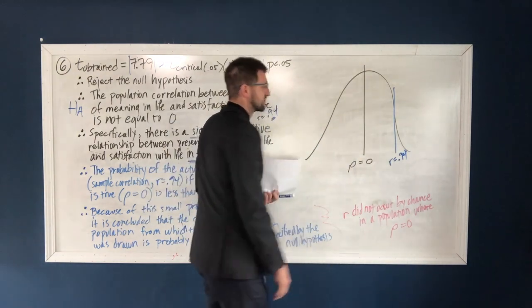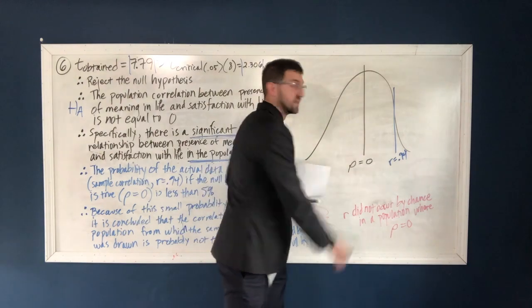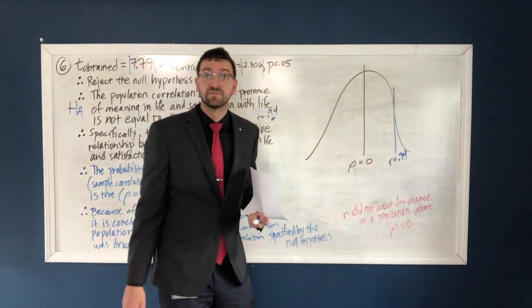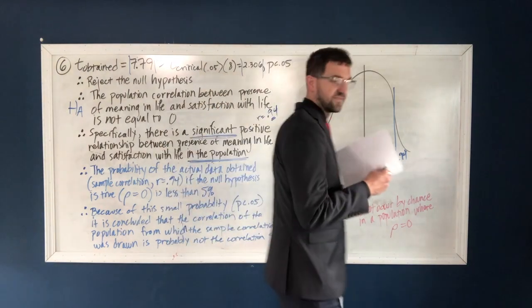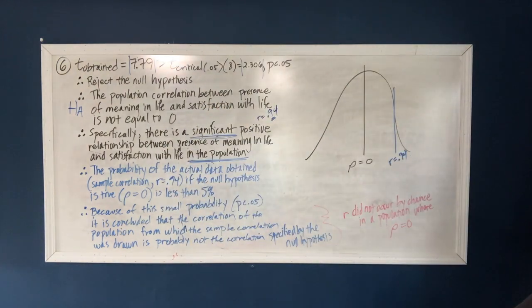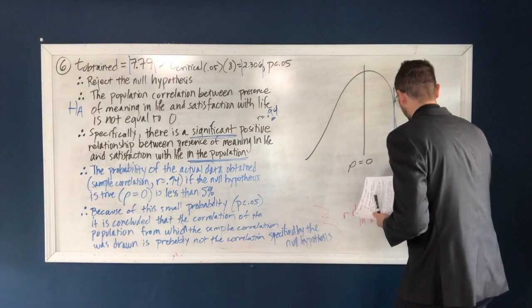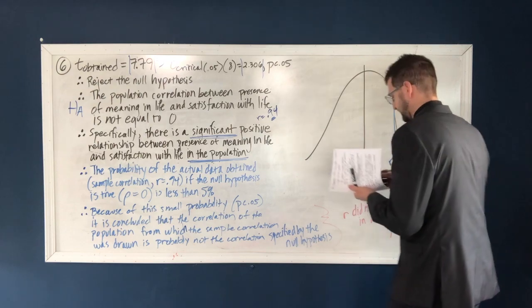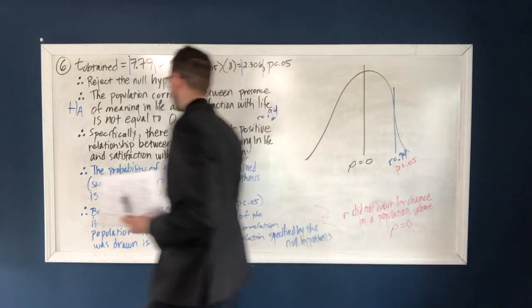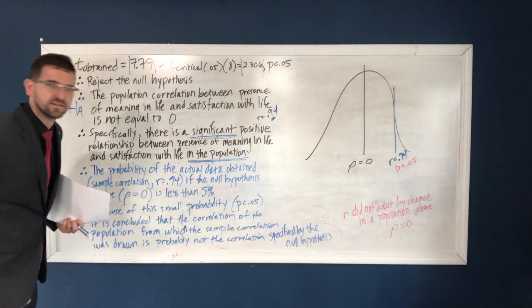So literally, the probability of getting the sample correlation that we got, if the relationship between the two variables in the population is 0, is going to be less than 5%. Let me get a red pen. P is less than 0.05. Okay? So that picture describes this first statement.